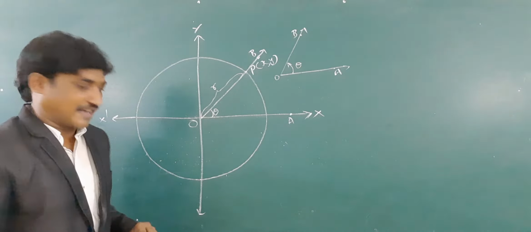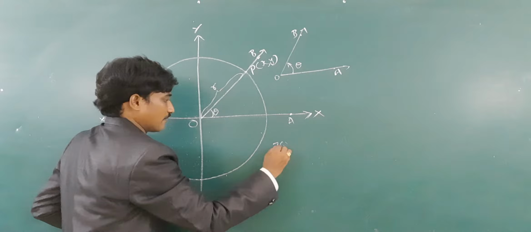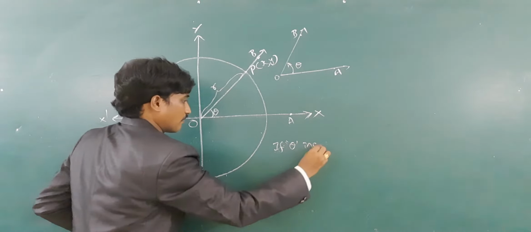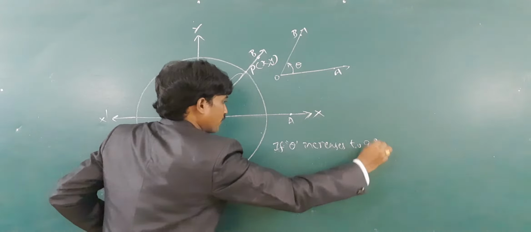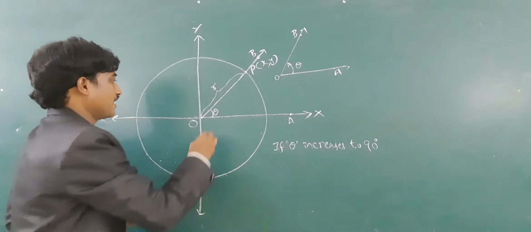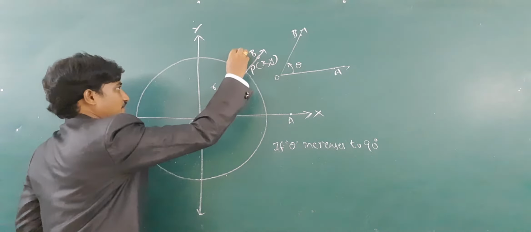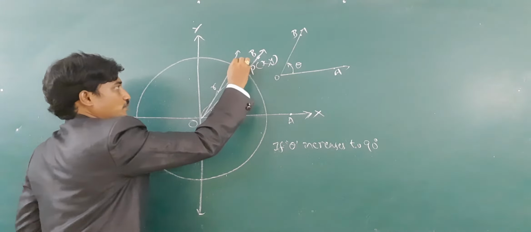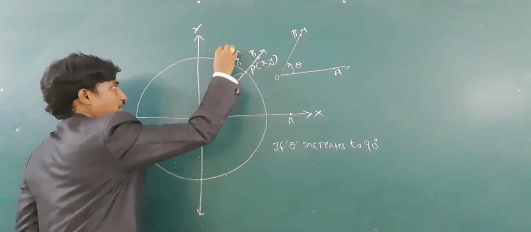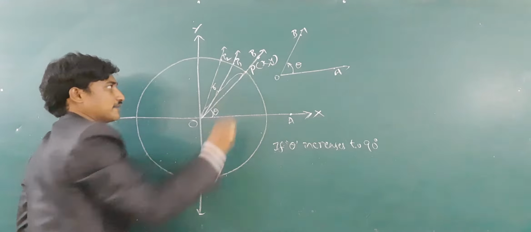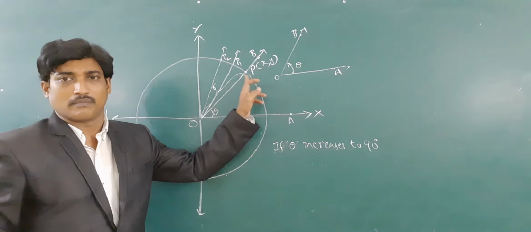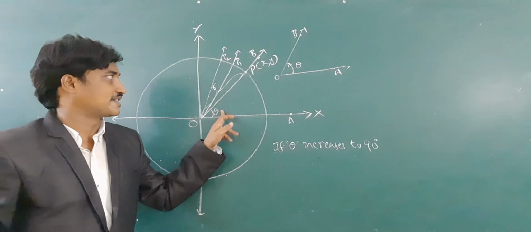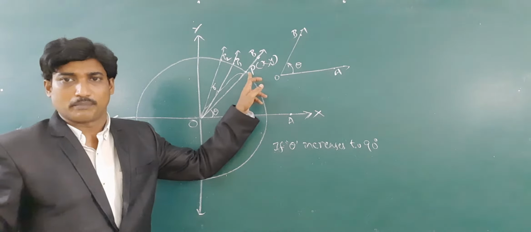If theta increases to 90 degrees, then what happens? When theta is increased, the position of P moves to P1, then to P2. At the initial position, when the angle is theta, P is (x, y).